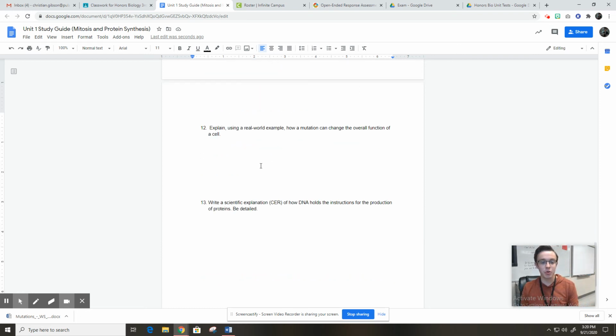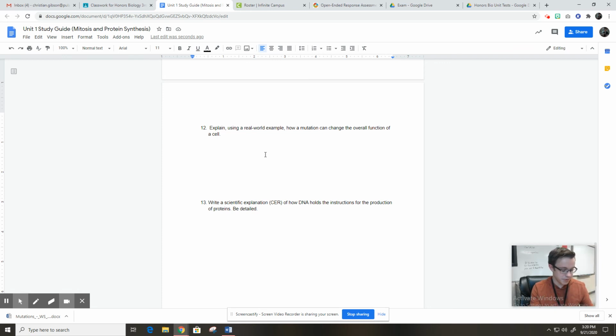Number 12, explain using a real-world example how mutation can change the overall function of a cell. A gene mutation may not change the function of your cell. It could cause a silent mutation, which you learned about in the elaborate activity, but it wants to know how it can change.